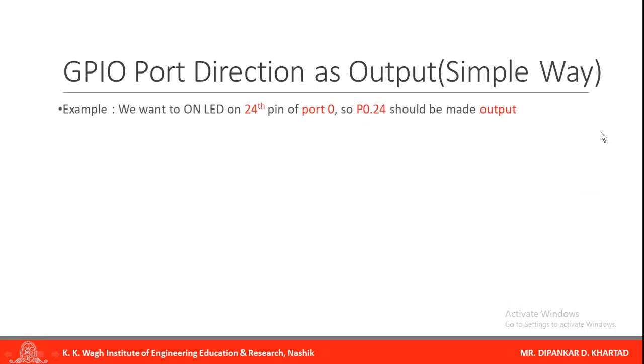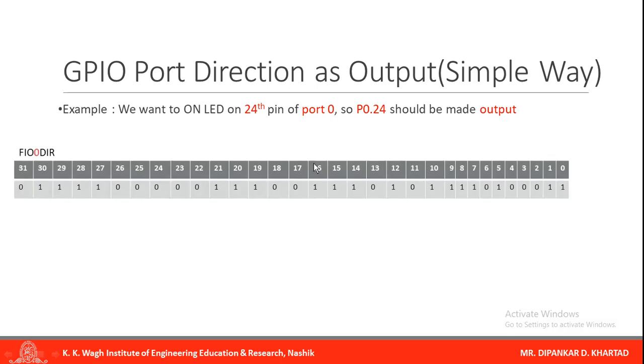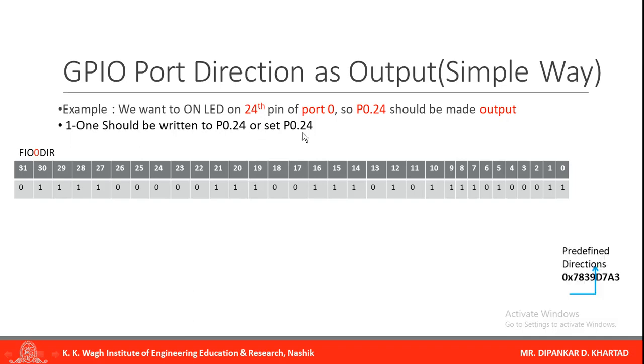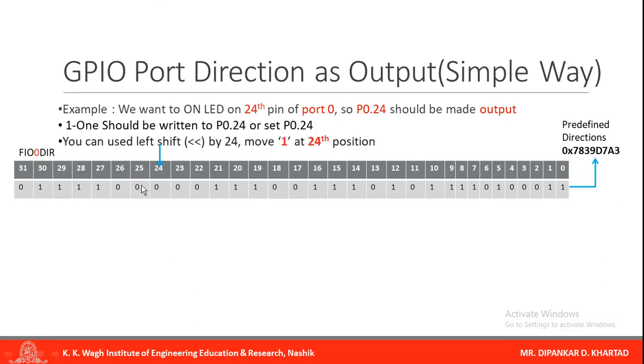Now in a simple way, we'll find out. Again, we want to turn on an LED on the 24th pin of port 0. That is, P0.24 should be made output. So this is our direction register. 1 should be written to P0.24, or set P0.24. So these are the predefined direction. You have to write 1 here. So how can you use the left shift operator by 24?